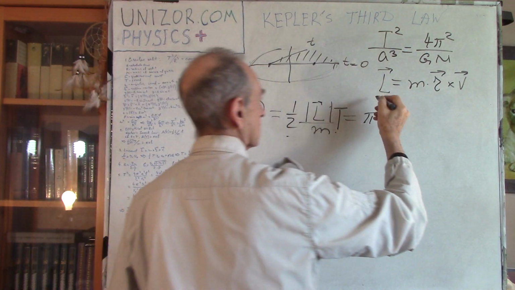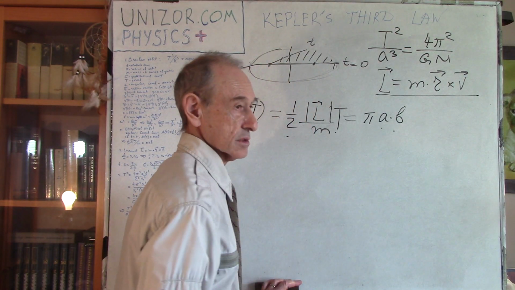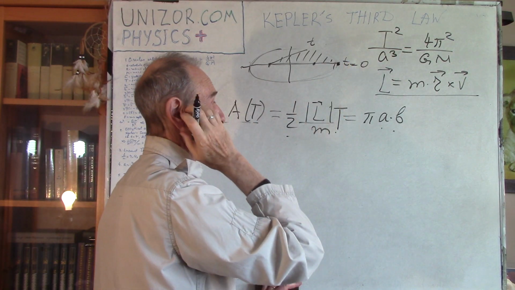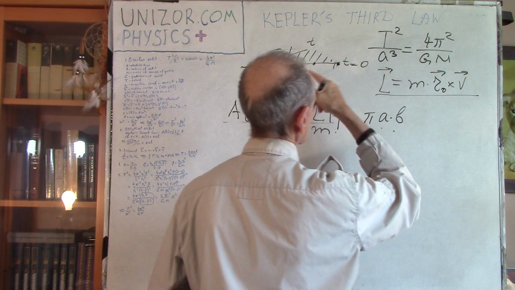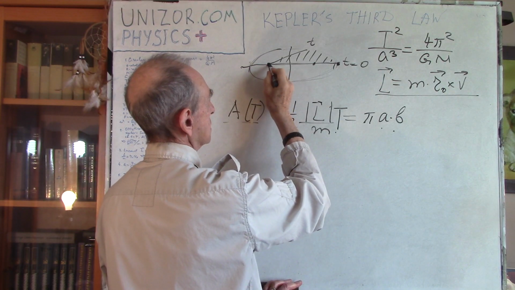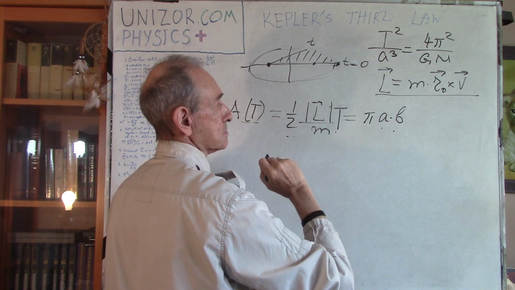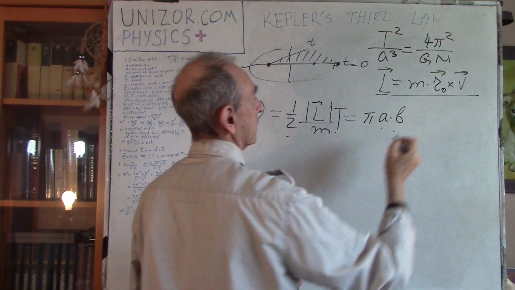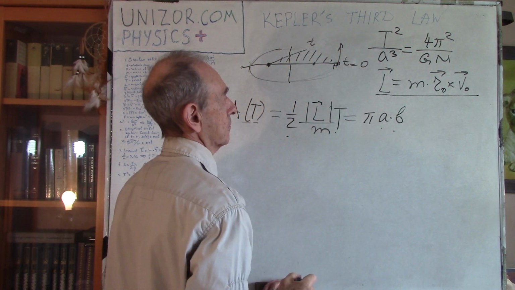Okay, so starting from this. Now, this is a constant, which means if I choose an initial moment of time, this one, and I have position r0, which is the distance from the sun to the planet at its furthest point on the orbit, which is called aphelion, and this is velocity v0, which is in this case perpendicular.